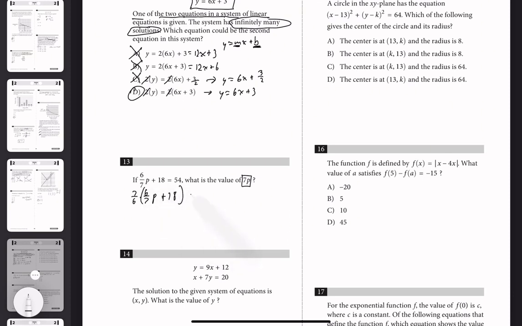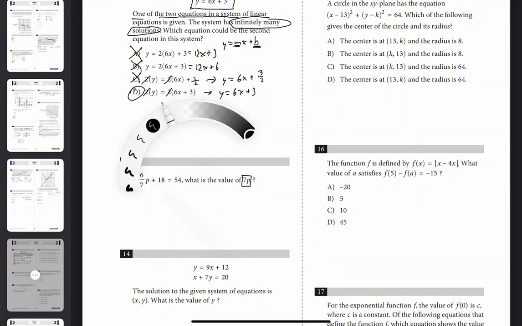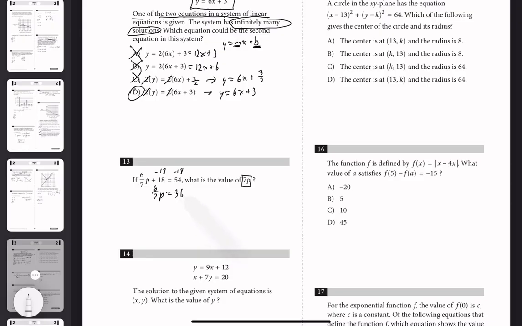Make sure you're multiplying the whole thing. Actually, before that, make sure to simplify by subtracting 18 from both sides. So you get 6 over 7 p is equal to 54 minus 18, which is 36. And then you multiply both sides by 7 over 6. This is going to make it easier.